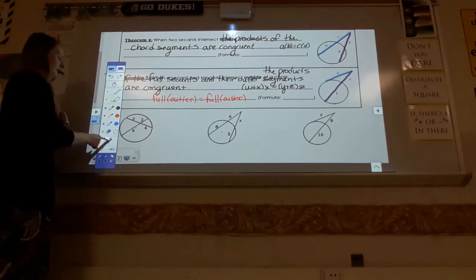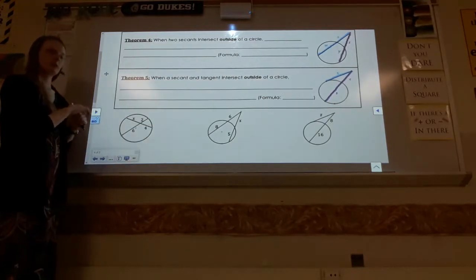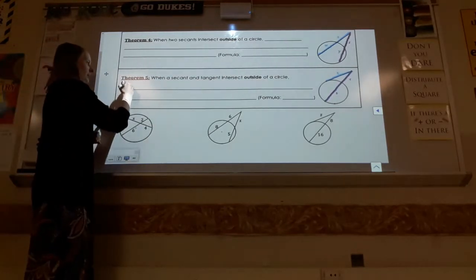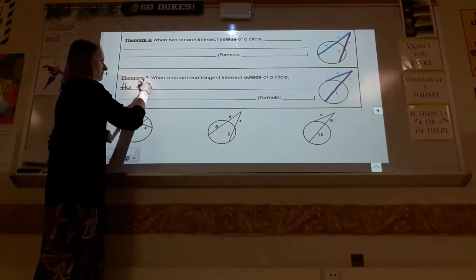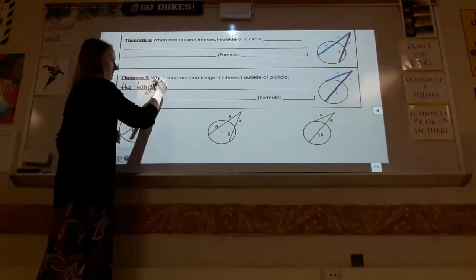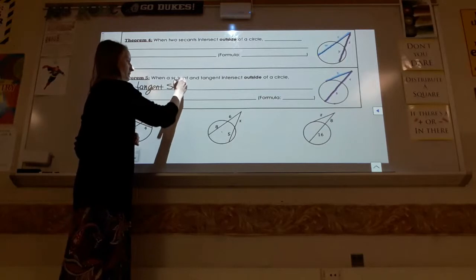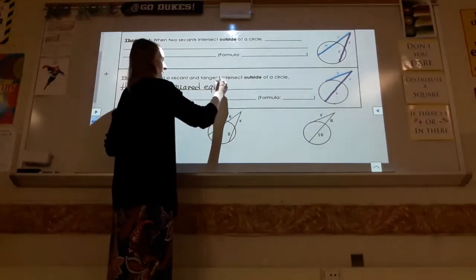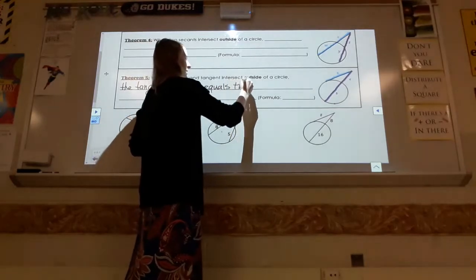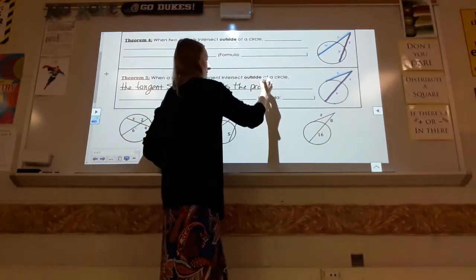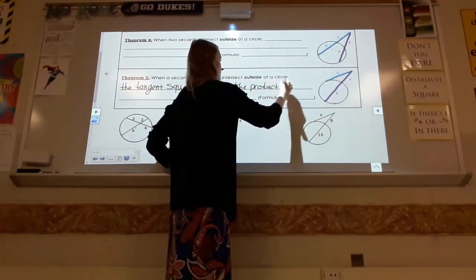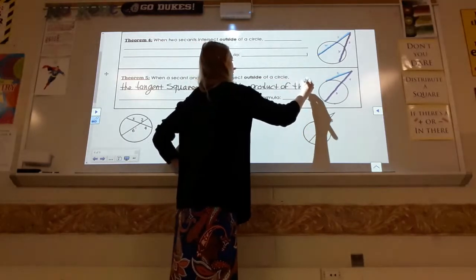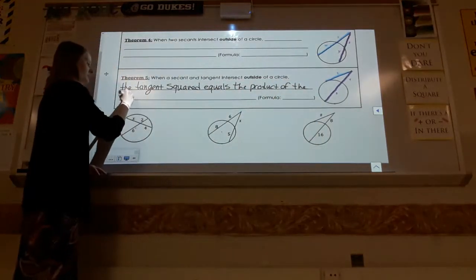If you have one secant, one tangent, it will work this way. The tangent squared, so you're going to square the tangent. The tangent squared equals the product of the full secant and its outer segment.